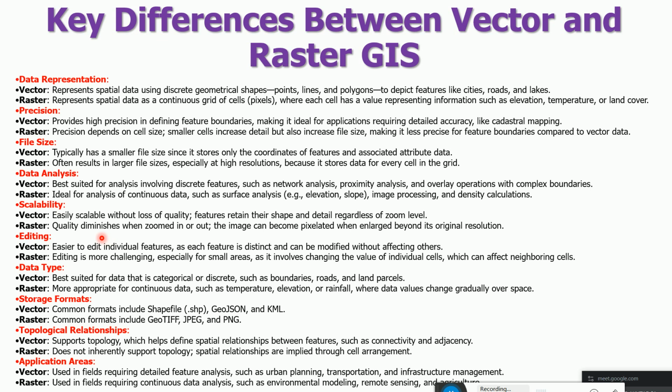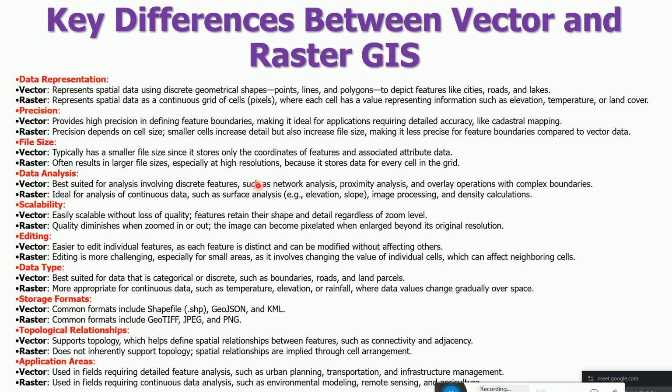Similarly, scalability. Vector is easily scalable without loss of quality; features retain shape and detail regardless of the zoom level. Raster quality diminishes when zooming in or out. The image can become pixelated when enlarged beyond its original resolution. Editing: vector is easier to edit individual features as each feature is distinct and can be modified without affecting others.